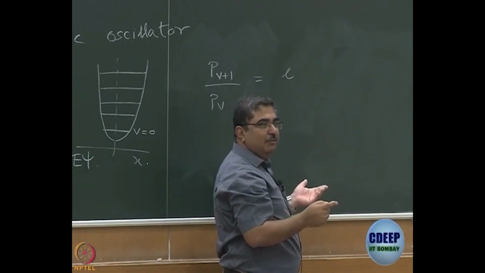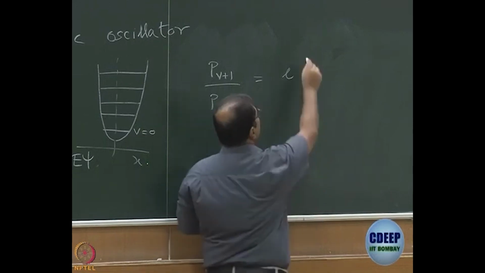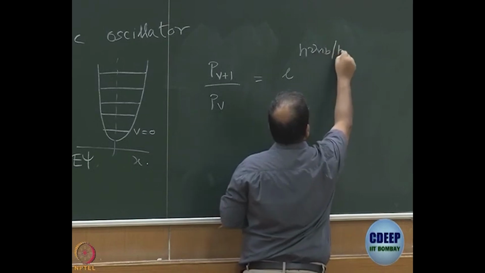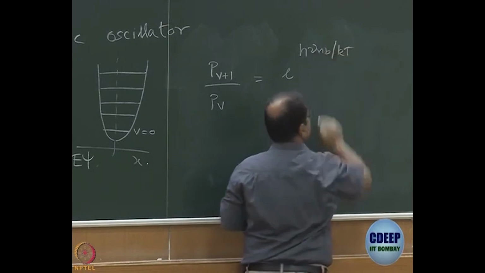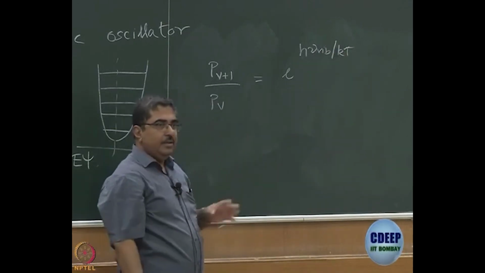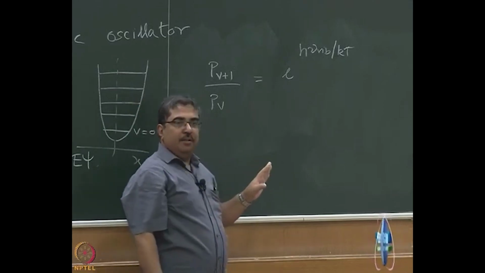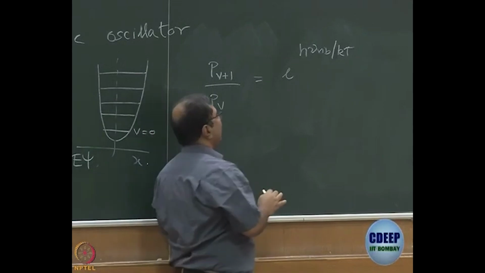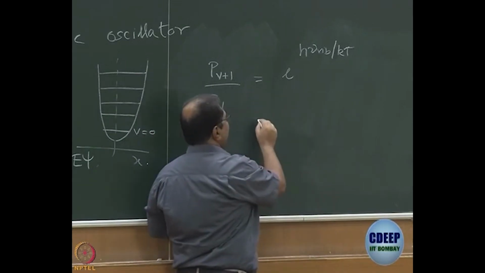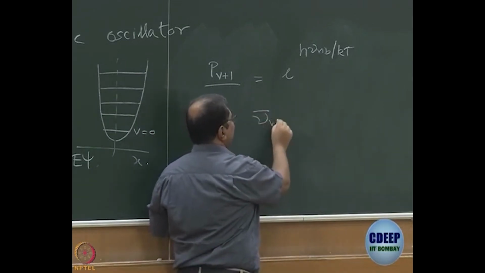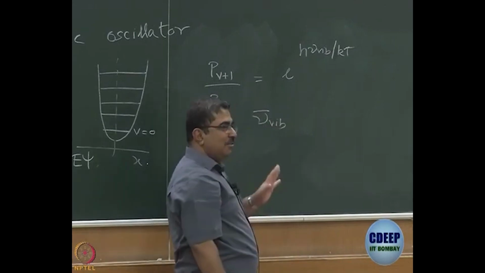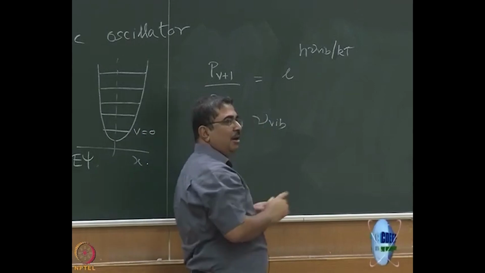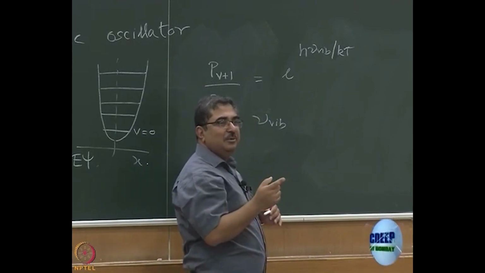What is delta E for two successive levels? h nu Vib divided by kT. Now, of course, I am jumping a few steps at this moment, but let me just tell you that if you use nu bar Vib or nu Vib, how is nu bar Vib related to nu Vib?